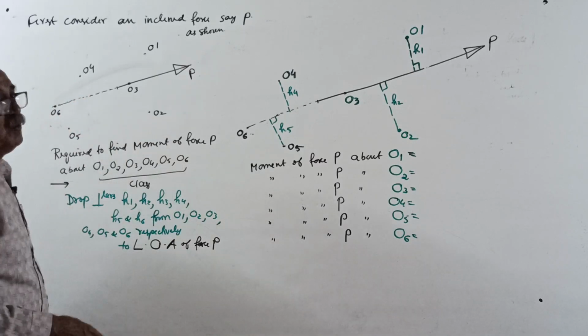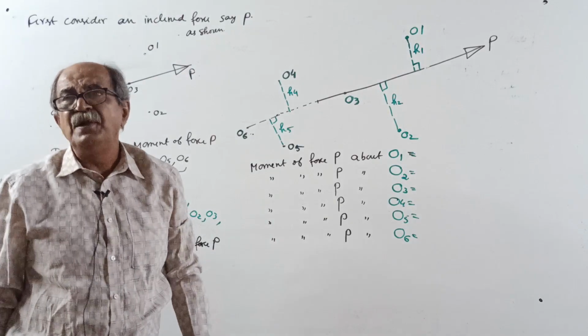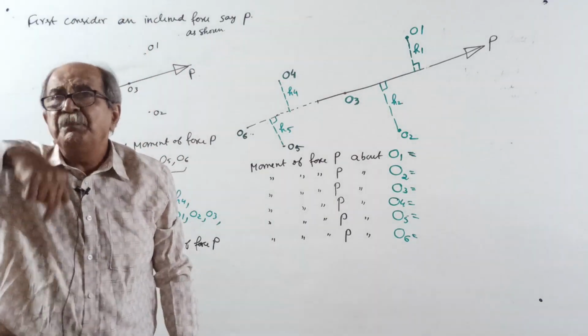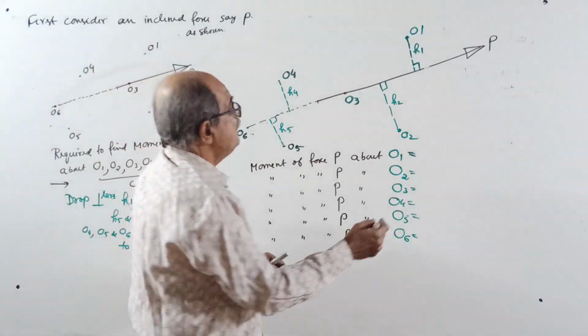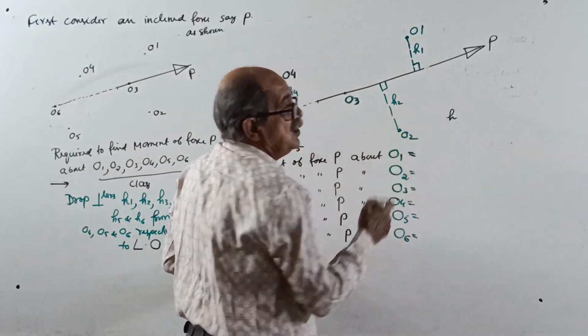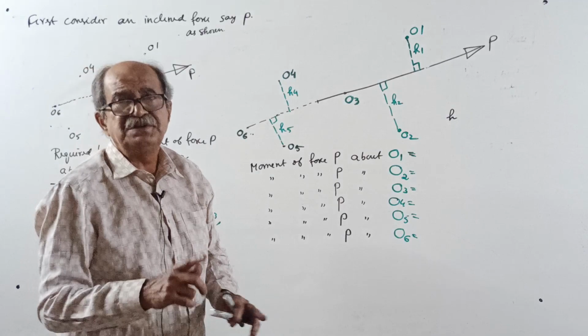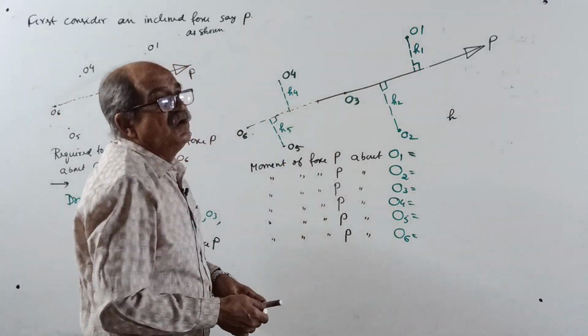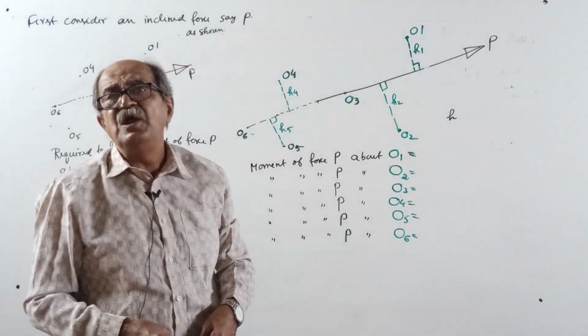Okay, start. What is the principle? If you want the moment of a force about any point, from that point draw a perpendicular. We will call the perpendicular H in general, to the line of action of the force. From the point, I will draw a big sketch. For the point and perpendicular, I will use green color.